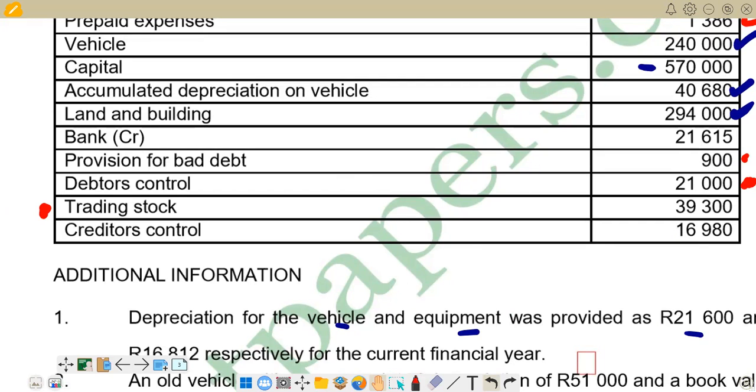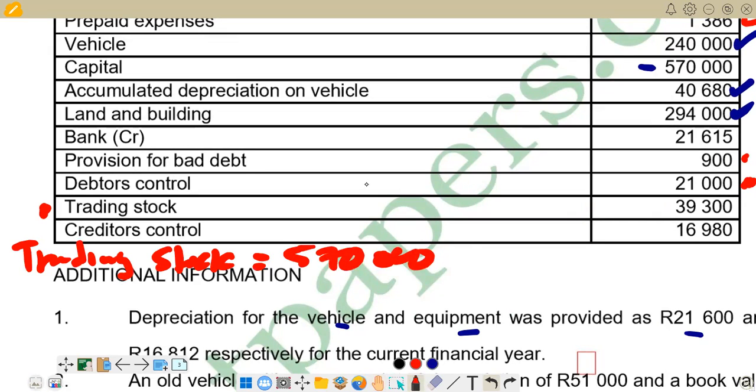So we are saying trading stock is equal to 570 plus 39,300. Our 570 is not 1,000, just 570. Then we get our final figure for trading stock, which is 39,870.